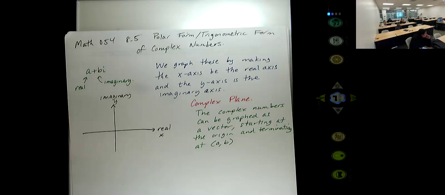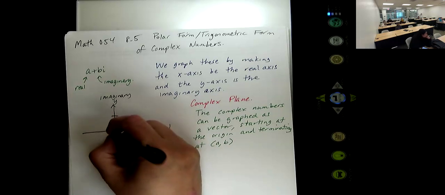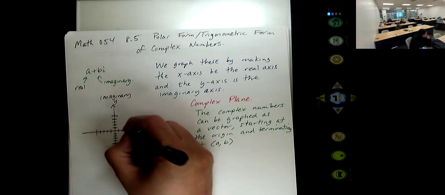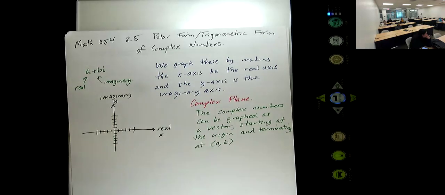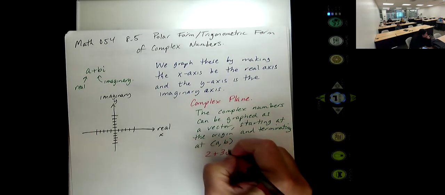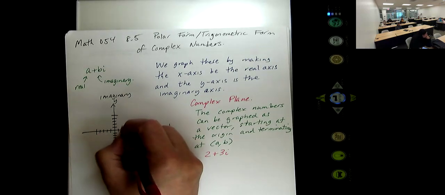So if I wanted to plot, I don't know, let me put some hash marks on here. If we did something like 2 plus 3i, what I'm doing is I'm going right 2 and up 3.